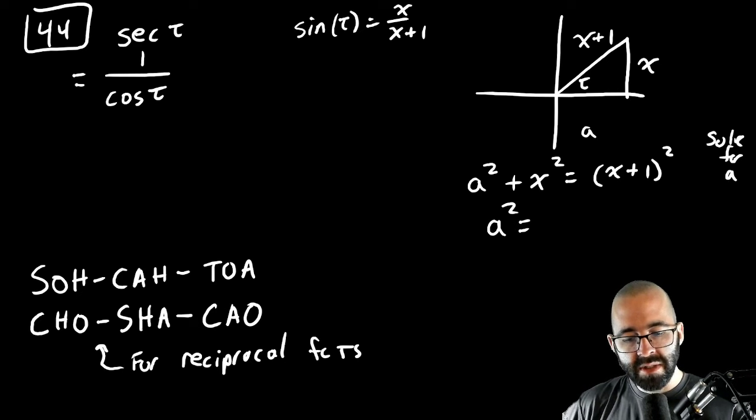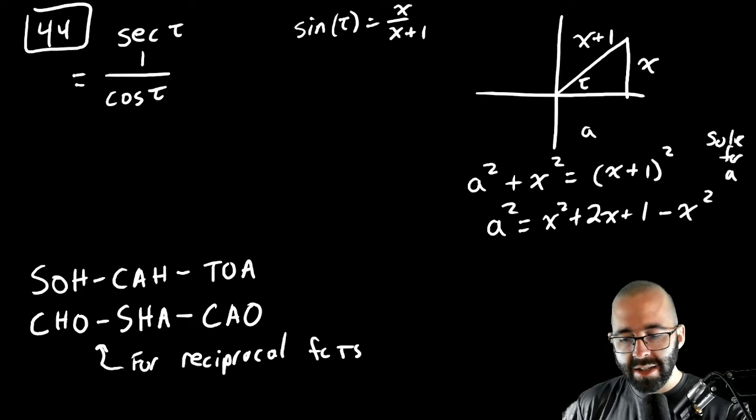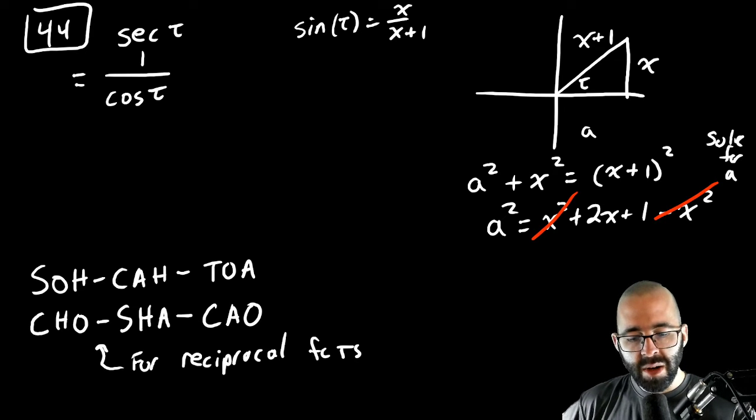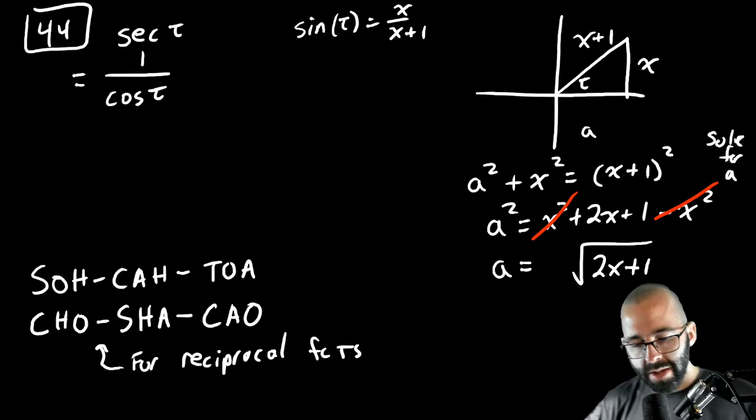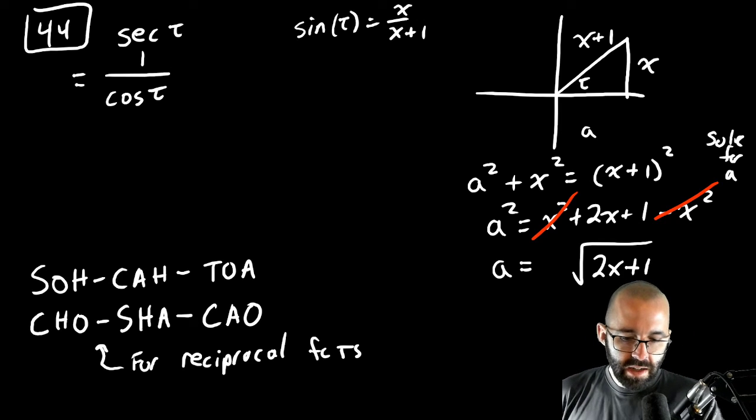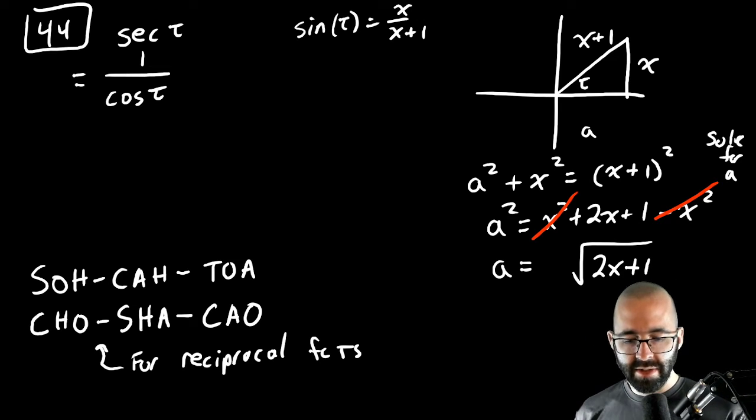Subtract x squared from both sides. FOIL out the right-hand side. It should simplify to x squared plus 2x plus 1. We also subtracted x squared from both sides. And these x squareds are going to cancel. So a should be plus or minus square root of 2x plus 1. In this case, though, I don't think we know whether it's positive or negative.